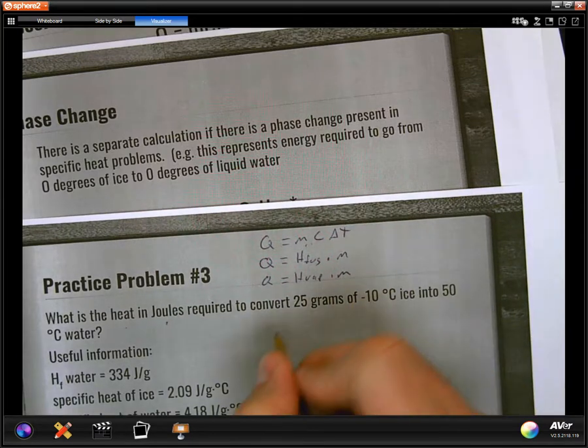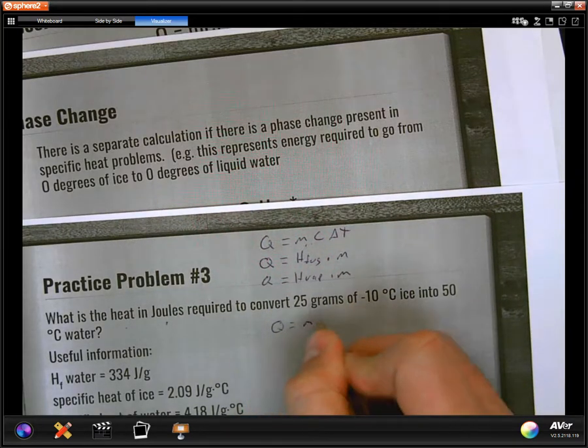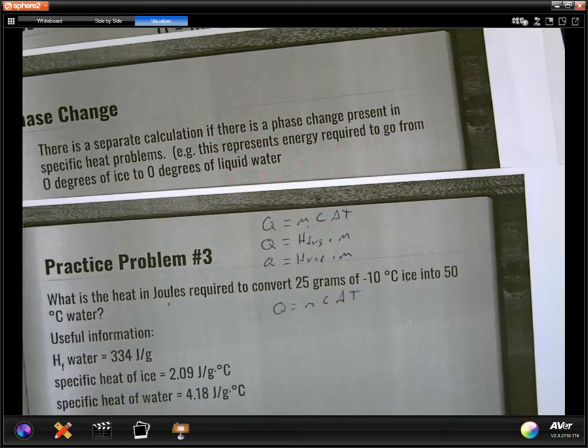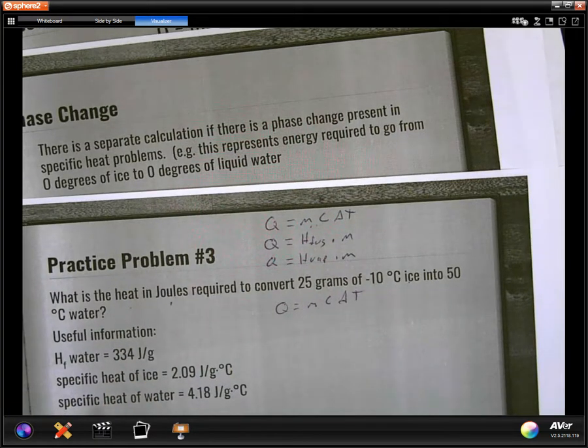We're going to use the Q equals MC delta T first, and we're going to use this to calculate the amount of energy needed to change from ice into water. Now down here, you're going to notice that the specific heat of water changes. When water is in solid form, it takes 2.09 joules to change every gram by one degree Celsius.